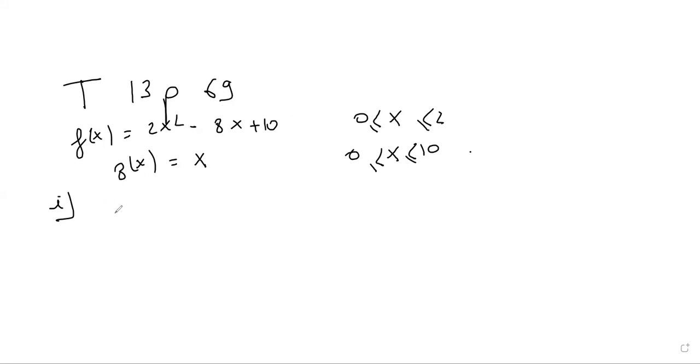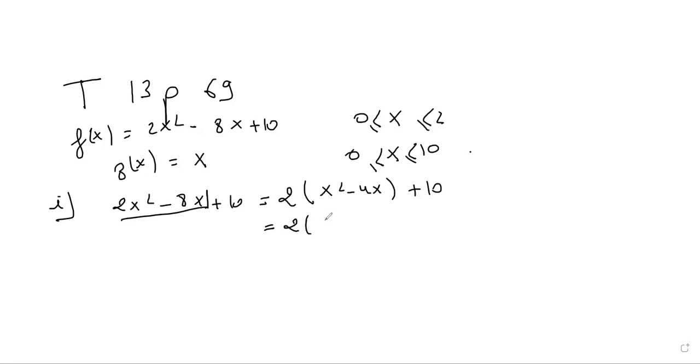So I will take this expression here, 2x squared minus 8x plus 10. And then I will focus on the first part, only put 2 as a factor. So x squared minus 4x plus 10. And then I will use the square formula to change this one. So 2 times x minus 4x divided by 2x is equal to 2.